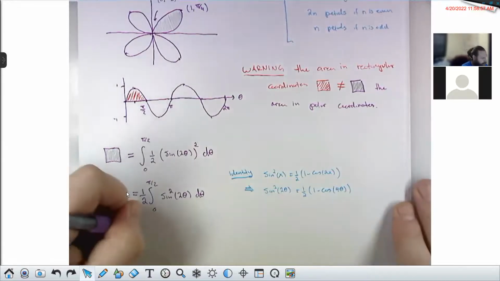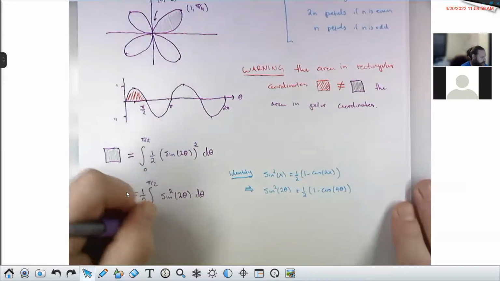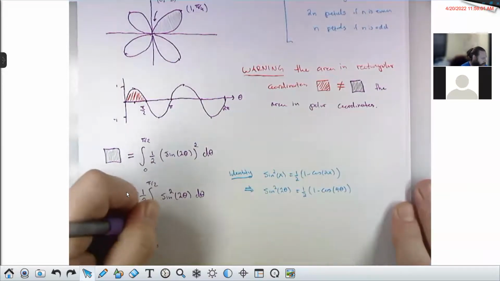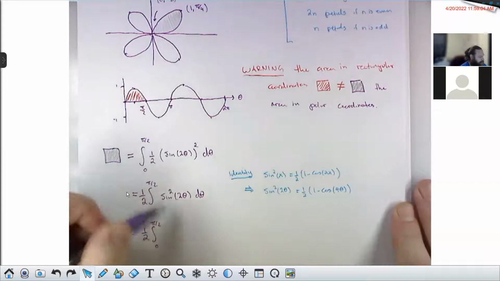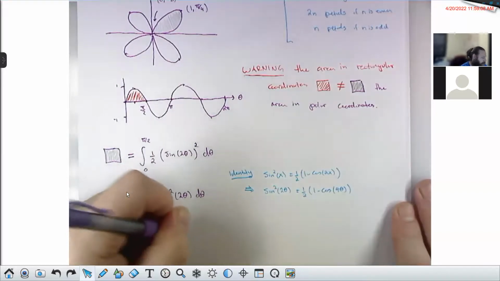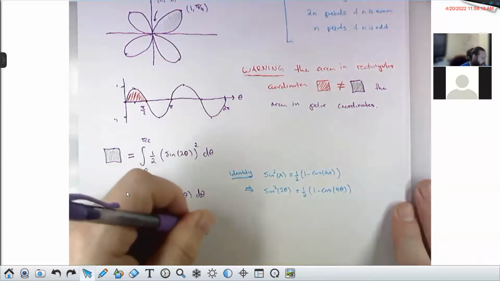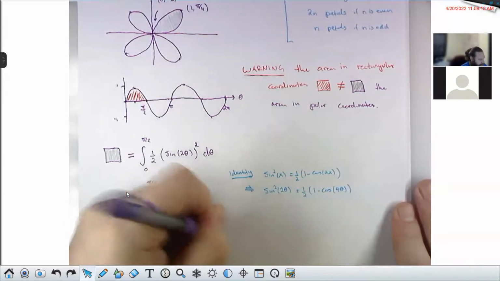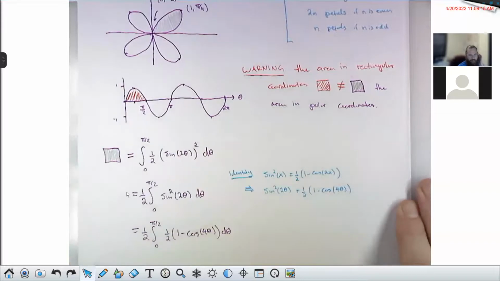So I can replace my sine squared of 2 theta. I've still got my 1/2, still integral 0 to pi over 2. Sine squared of 2 theta is 1/2, 1 minus cosine of 4 theta d theta.